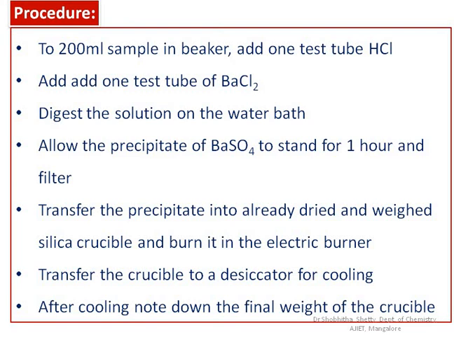First, we note down the weight of the clean, dried silica crucible, and we consider it as W1 gram. After that, we place the barium sulfate precipitate along with the Whatman filter paper and burn it in the electric burner. Once the filter paper is burnt off completely, transfer the crucible to a desiccator for cooling.